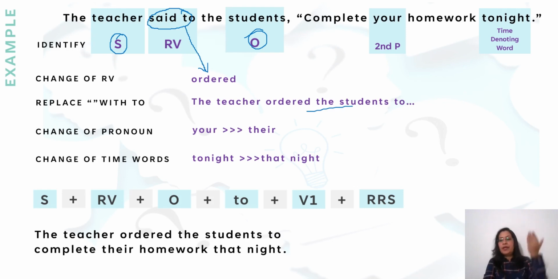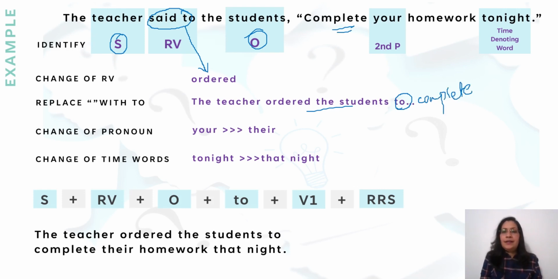Always remember, these reporting verbs in the reported speech are always followed by a noun or a pronoun. You will never use ordered to. It has always got to have the noun or the pronoun. The teacher ordered the students to plus verb, right? So ordered the students to complete. Here the verb use is complete, so it changes to complete.